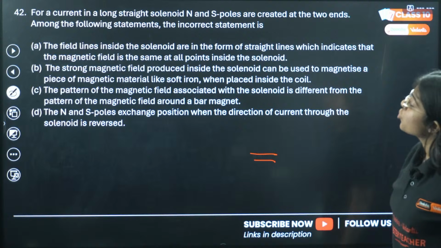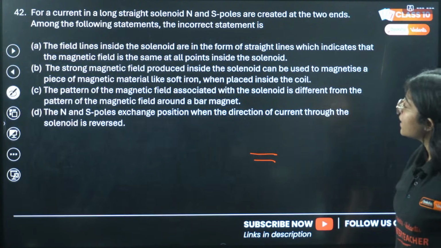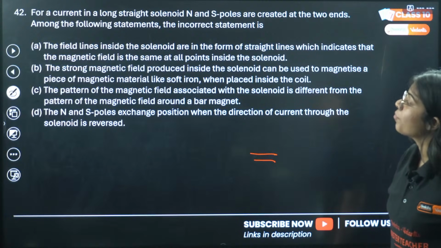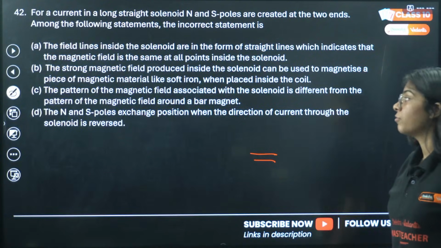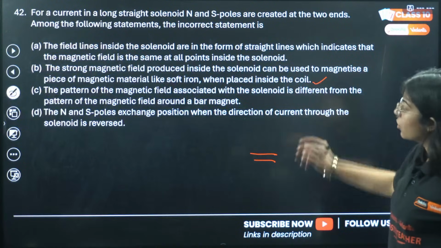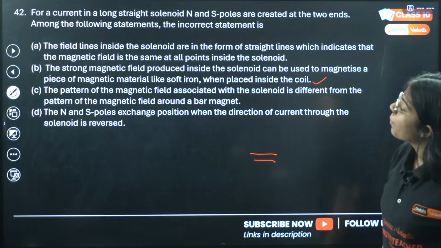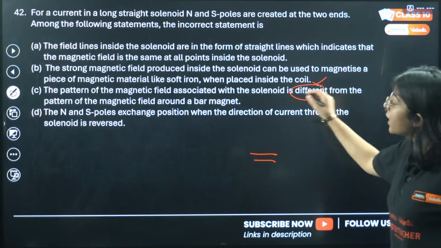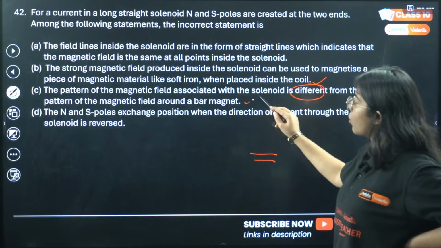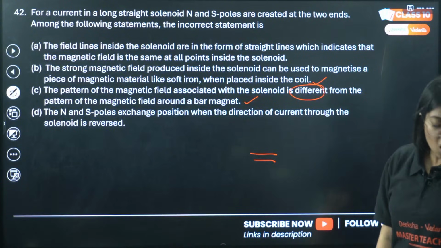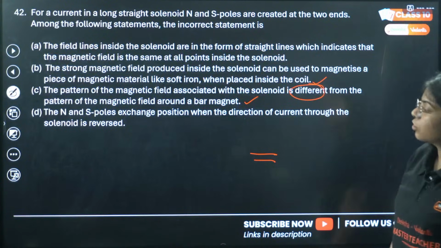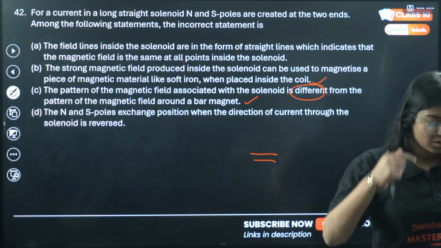B, the strong magnetic field produced inside the solenoid can be used to magnetize a piece of magnetic material like soft iron when placed inside the coil. That is true. C, the pattern of magnetic field associated with the solenoid is different from the magnetic field around a bar magnet. D, the north and south poles exchange position when the direction of current through the solenoid is reversed.